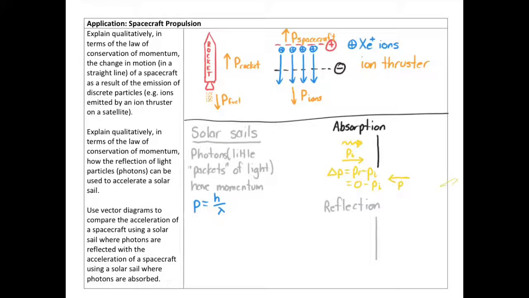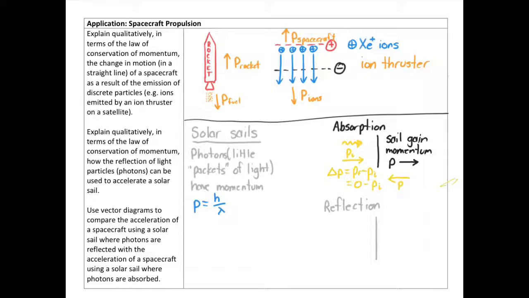For momentum to be conserved, the sail must gain momentum p in the opposite direction, the equal and opposite.